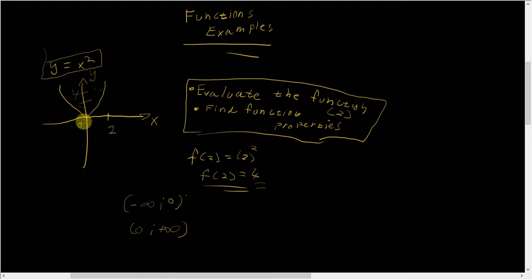So this is the point where everything changes. So my function is decreasing from minus infinity to 0, and it's increasing from 0 to plus infinity.